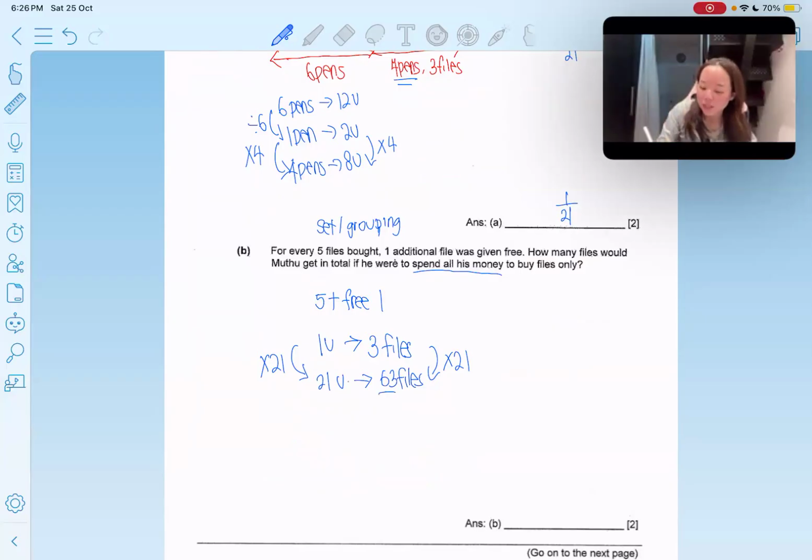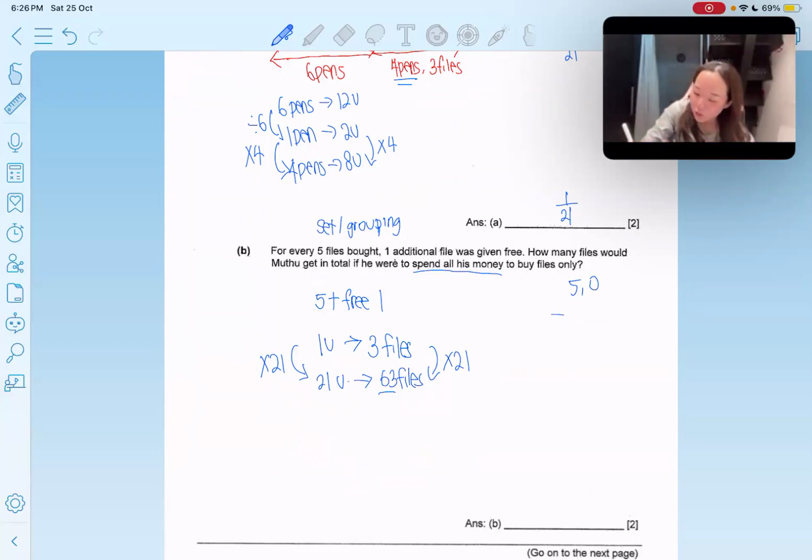Can you see at 63? If you know your 5 multiples very well, you know that 5 multiples always end with 5 or 0. So for 63, the nearest is actually 60. I won't use 65 because he didn't buy 65 files. He bought 63, so I will use 60.